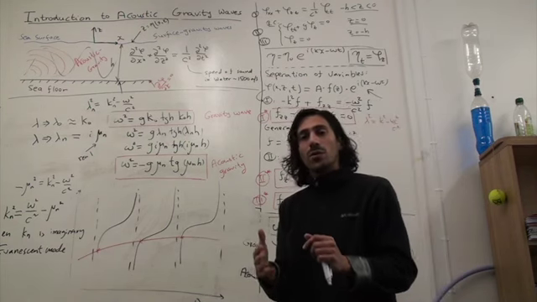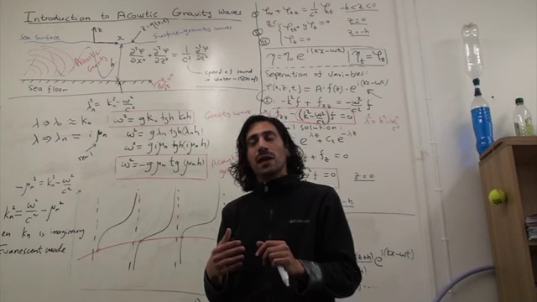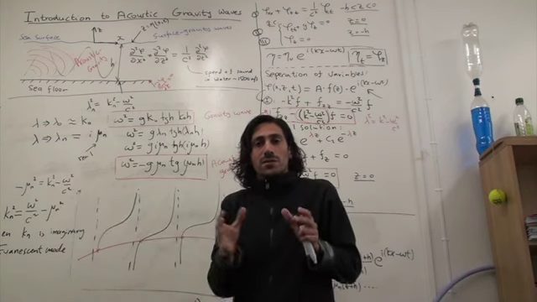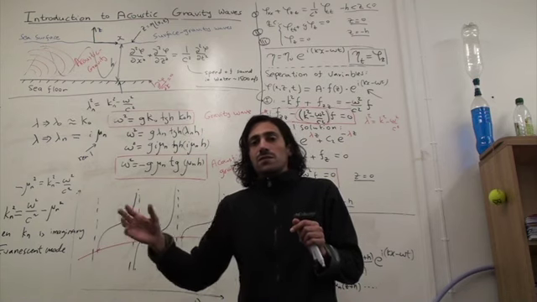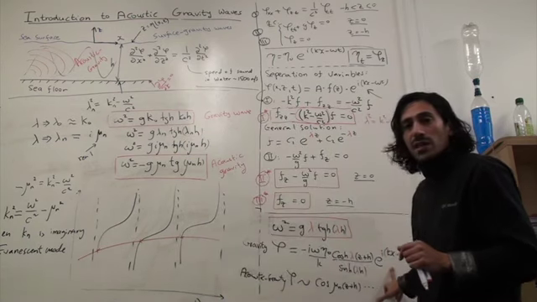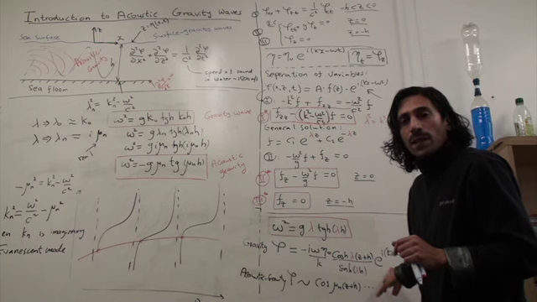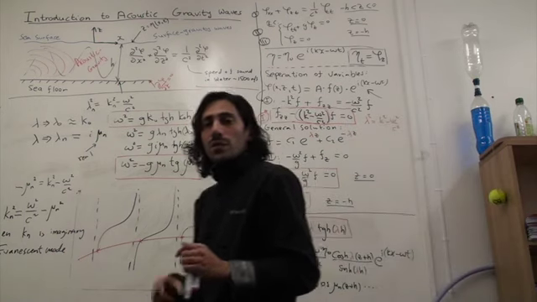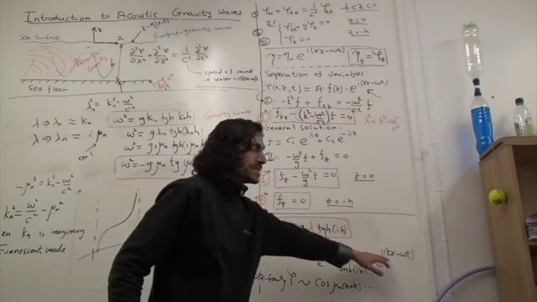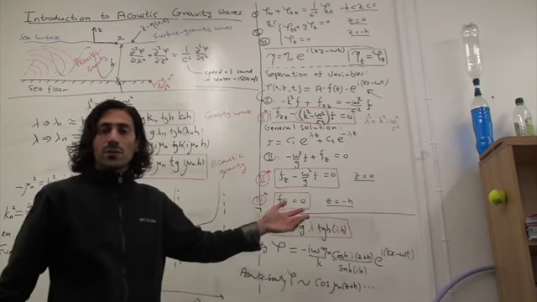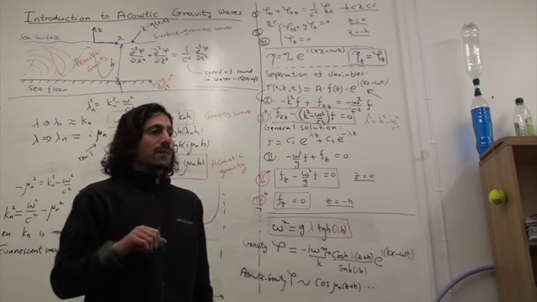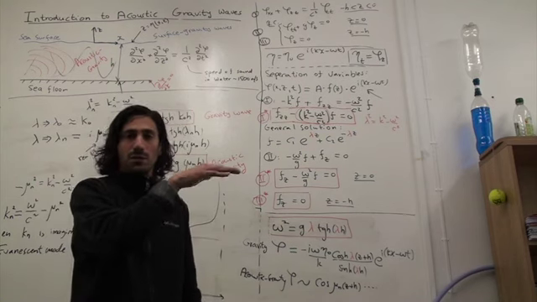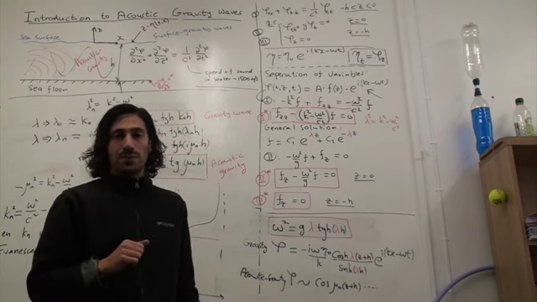Now these evanescent modes, they have no effect at large distances from the source, right? At large distances from the source, they would decay exponentially with x, in a very similar way to how the gravity wave, the pressure, for example, would decay exponentially in depth.